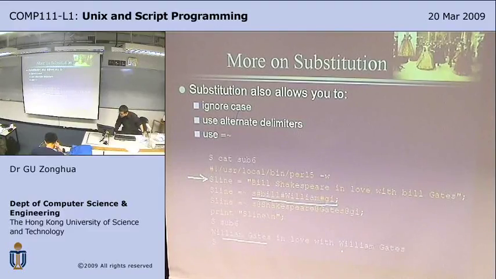So let me see. So I here means ignore case. G here means globally. We replace every instance in a line, and you happen to use pound and at instead of the forward slash as the delimiter.